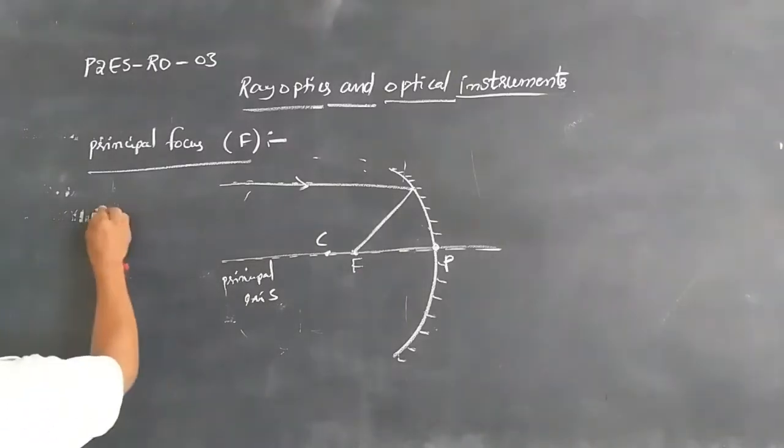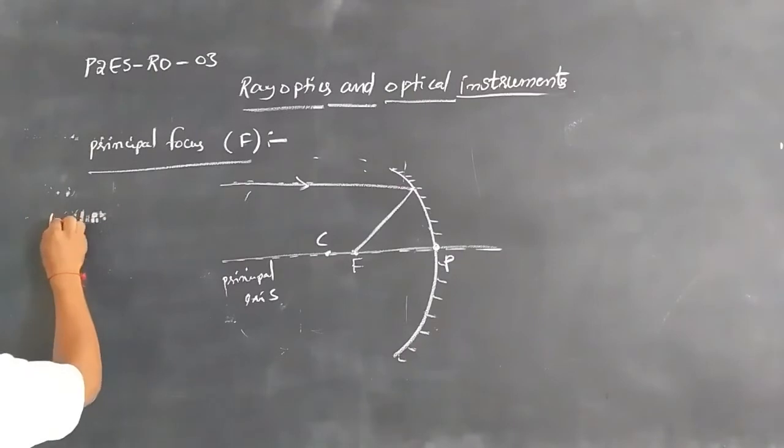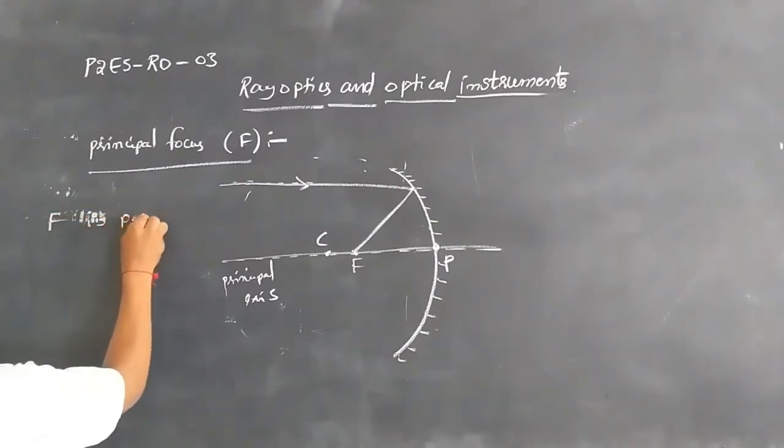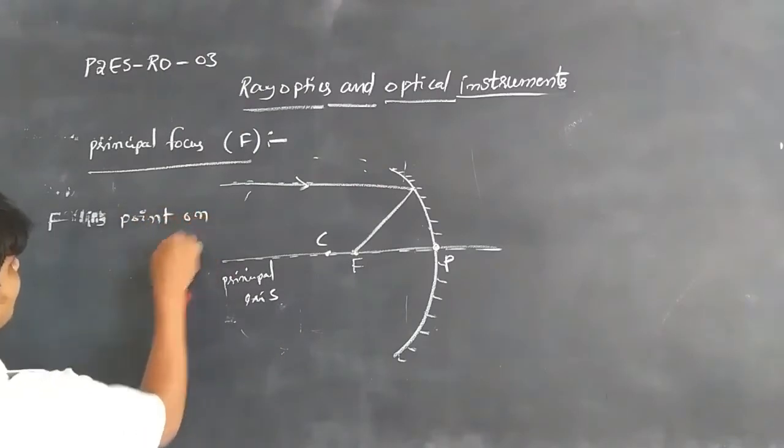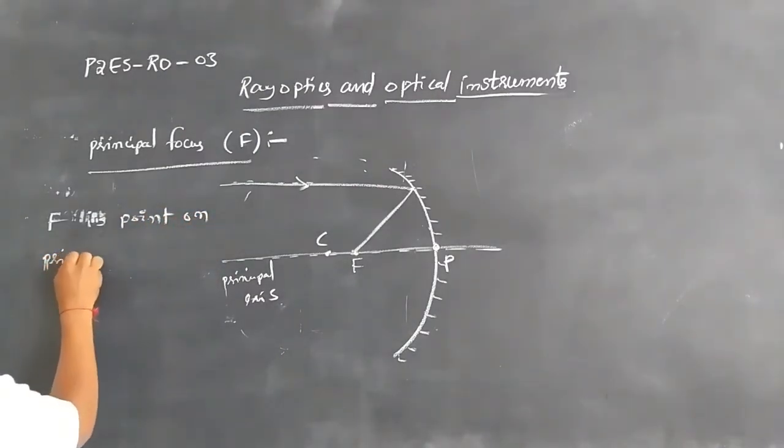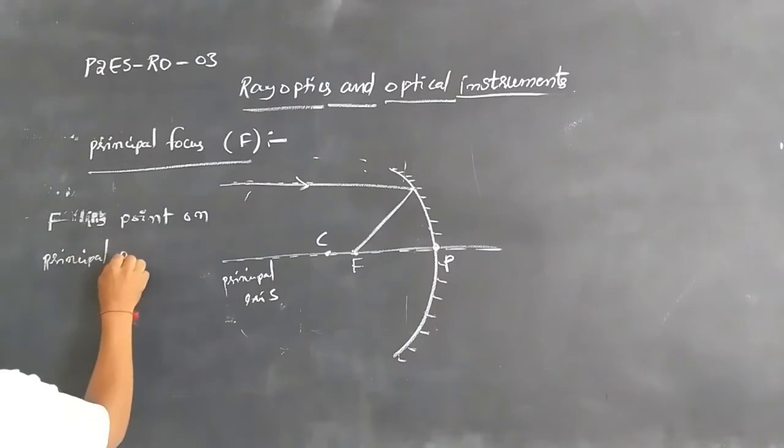Here we are taking the principal focus. F is a point on the principal axis.